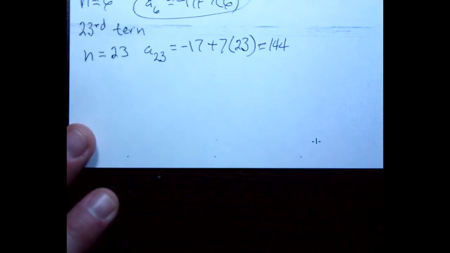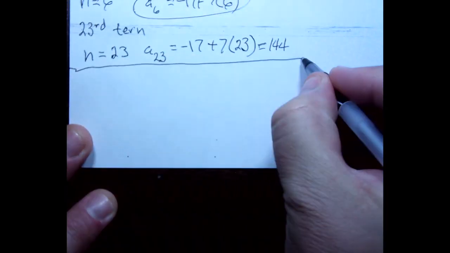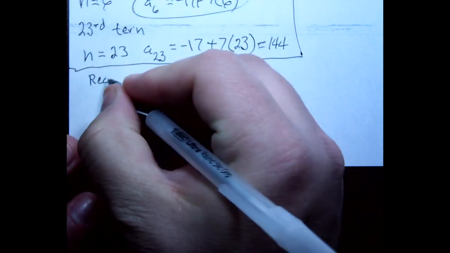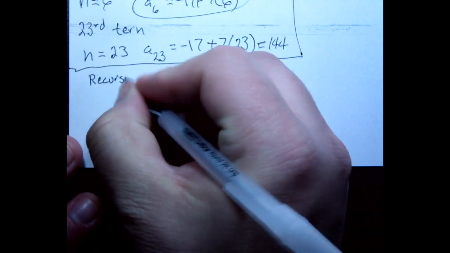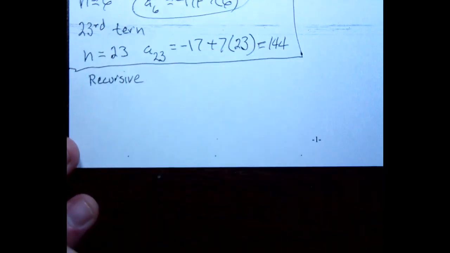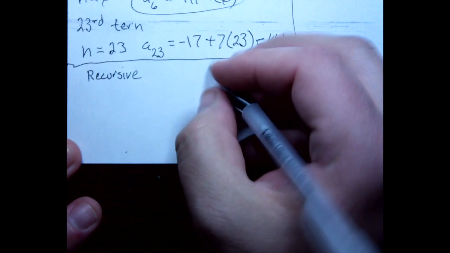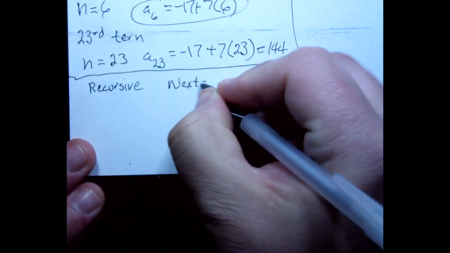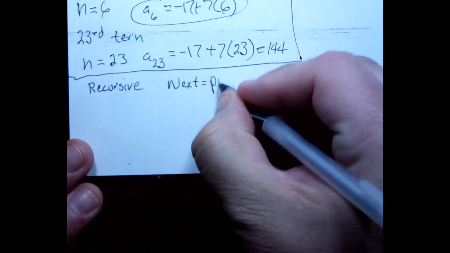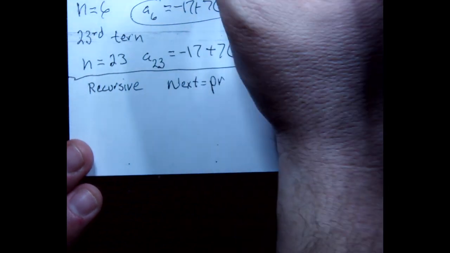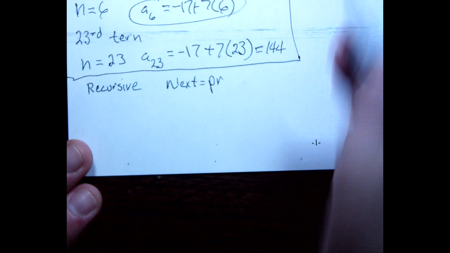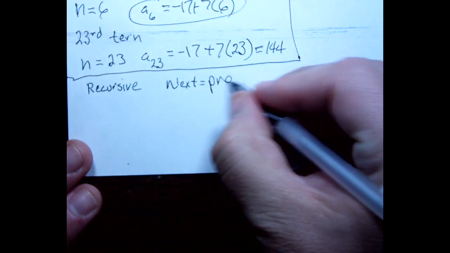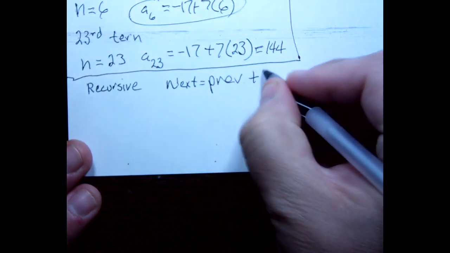Now the question was asked earlier, Mr. Adams, what's the difference between that and the recursive formula? Well, the recursive formula is a little different. It's like saying the next term is equal to the previous term plus 7. I wrote it backwards up here, I'm sorry about that.